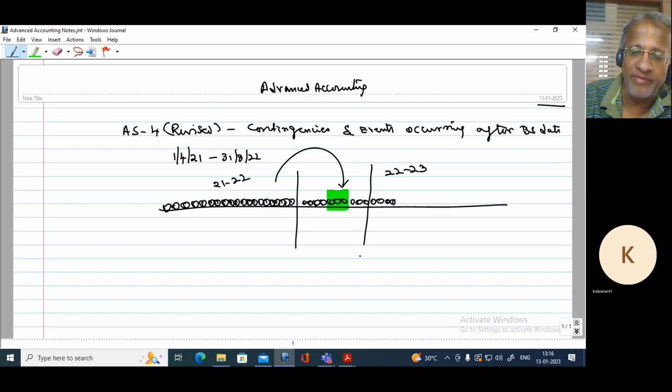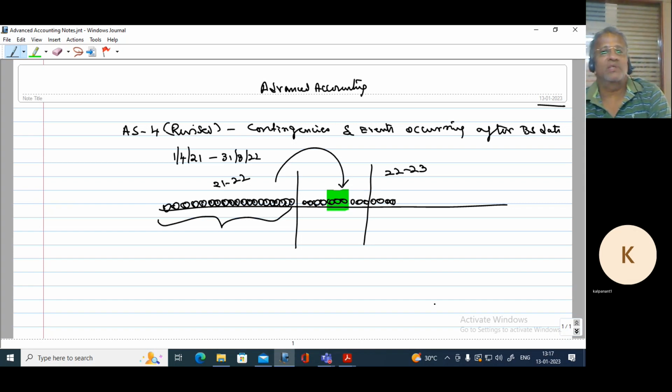And at one point of time, all the transactions will be captured by the financial statements, and auditing will be conducted for 21-22 in the accounting year 22-23. And there is going to be something called the date of approval. When the audited statements are presented, they will say, yes, this is correct.